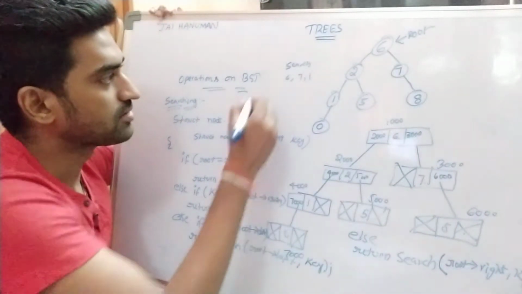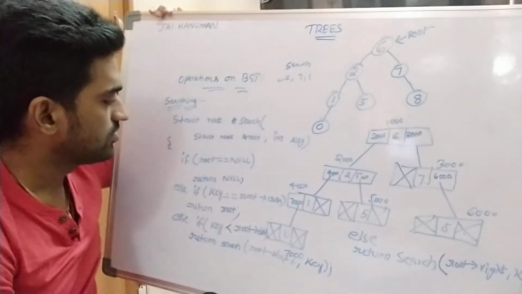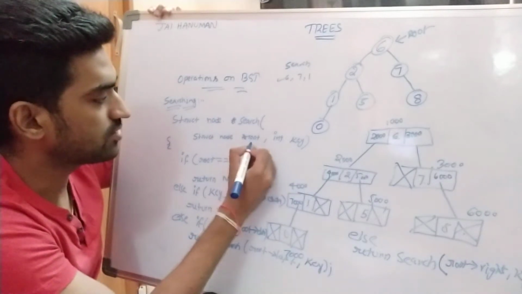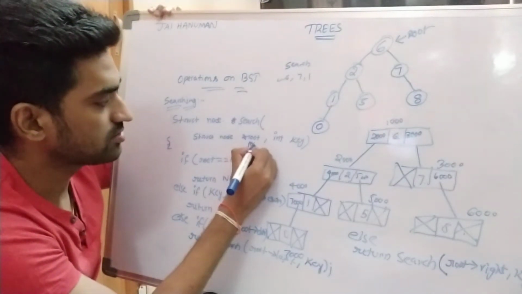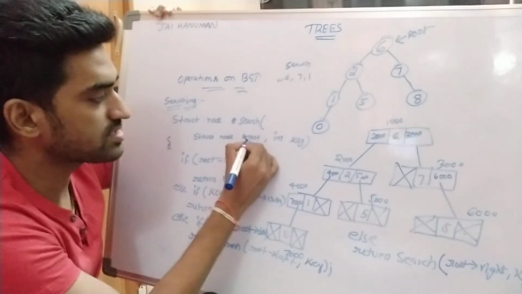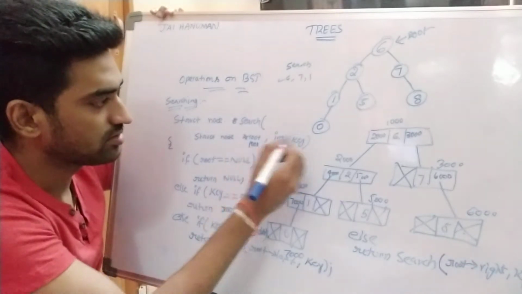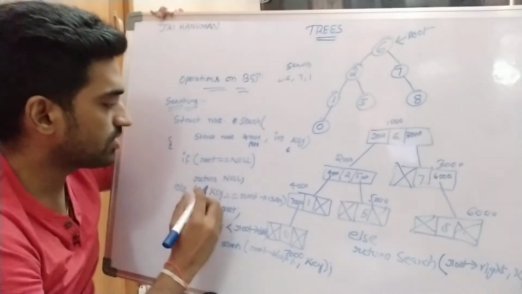Suppose I want to search 6. Here I am passing two parameters, root and key. What is the root address? 1000. A pointer is a variable which stores the address of another variable. The key value is 6. Is root equal to null?